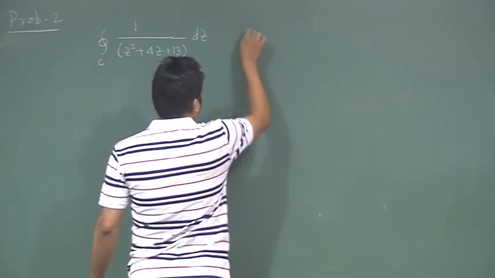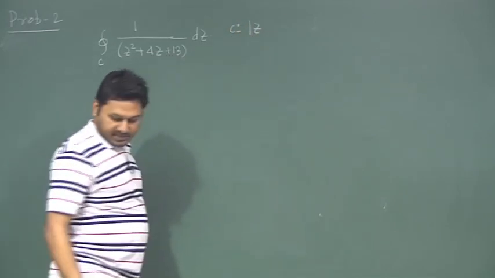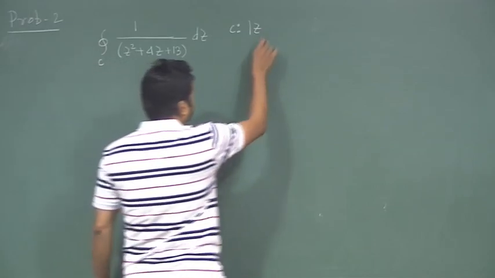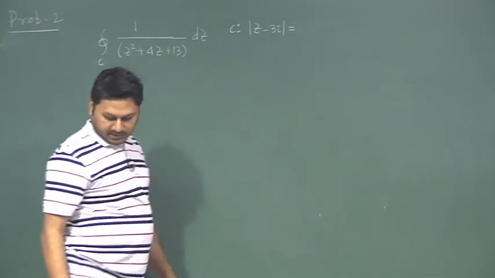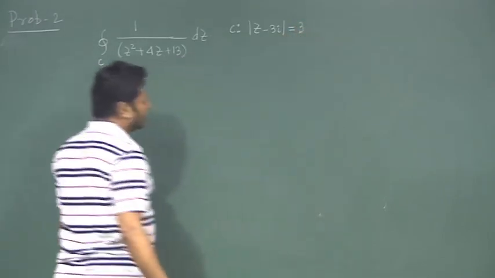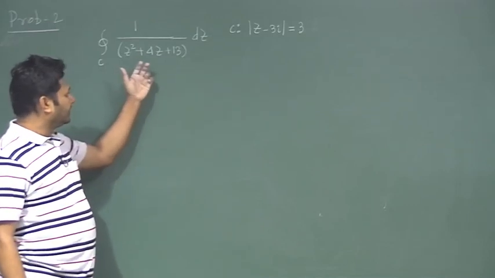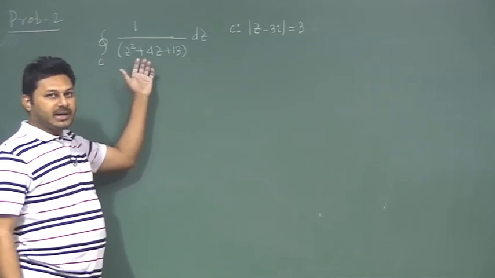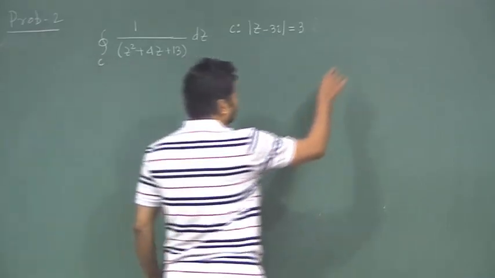The contour C is given as the modulus of z minus 3i equal to 3. First we should be very careful about the region, and then find out whether these singularities, as obviously this function has some singularities. So, first let us check where the region is.